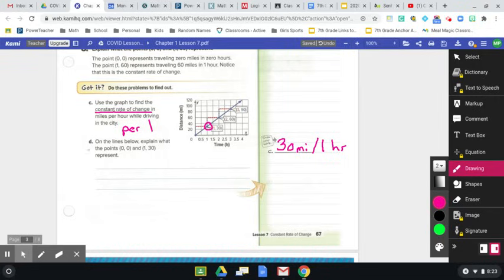Letter D, on the lines below, explain what the points 0, 0 and 1, 30 mean or represent.